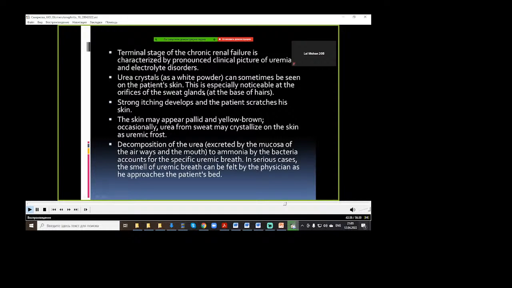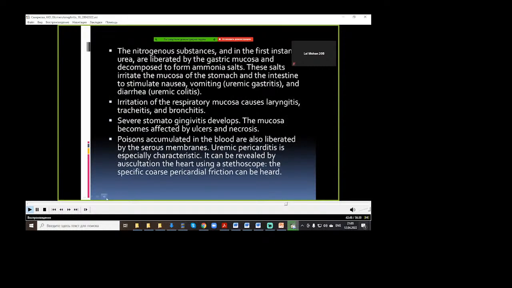So these are very important symptoms of the terminal stage of chronic renal failure: itching, urea crystals as uremic frost on the skin, and uremic breath, uremic smell. The nitrogen substances, and in the first instance urea, are liberated by the gastric mucosa and decomposed to form ammonia salts.